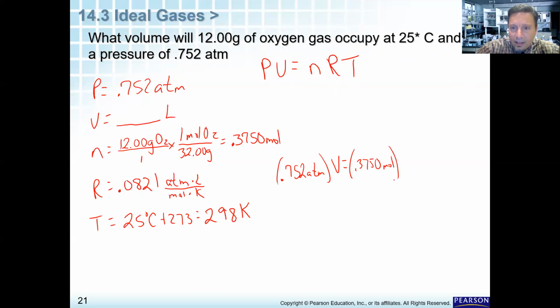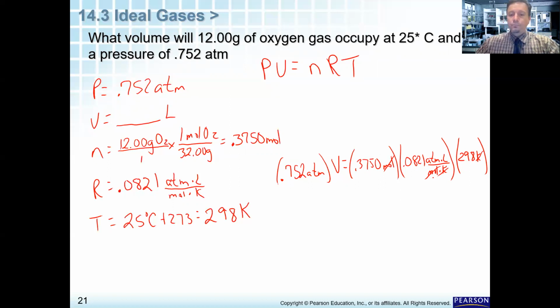My R is 0.0821, and that is atmospheres times liters over mole times Kelvin. And then my temperature is 298 Kelvin. All right, so right away I can cancel off my moles. Moles is gone. My Kelvins, Kelvin's gone. And that leaves me atmospheres times liters.